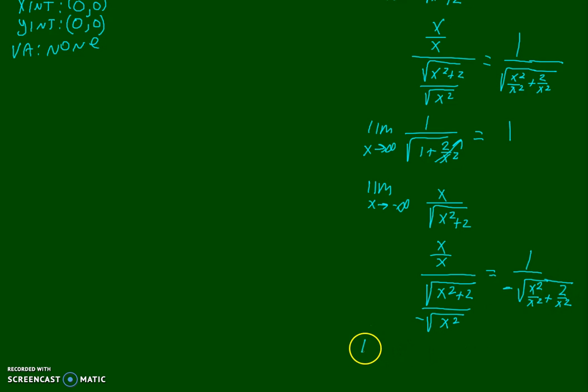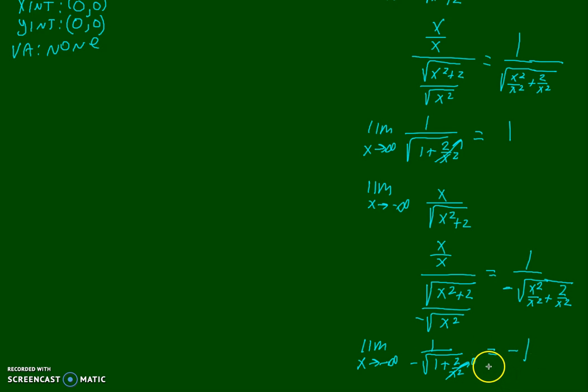And that results in the limit as x approaches negative infinity of 1 over the negative square root of 1 plus 2 over x squared. When we take that limit, this goes to 0, and we're left with negative 1.